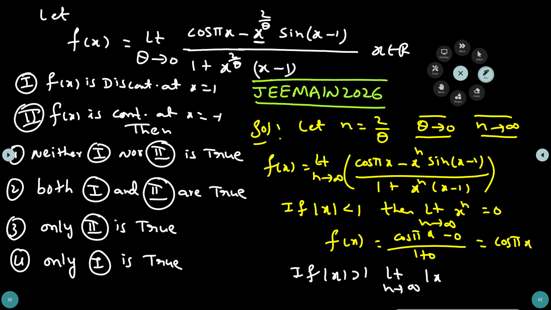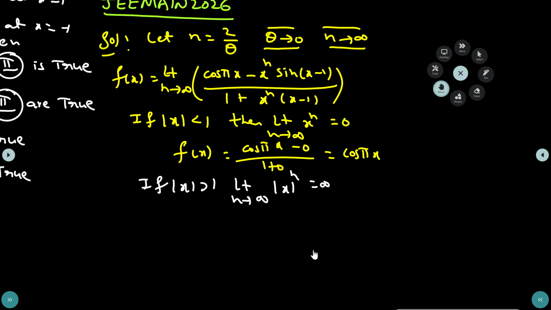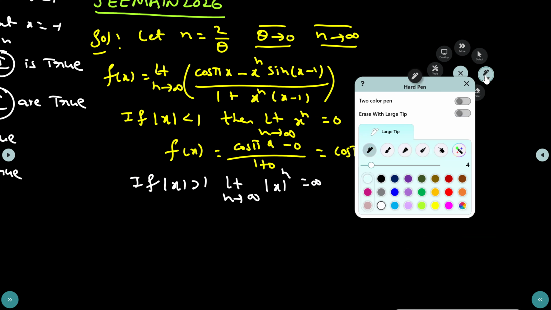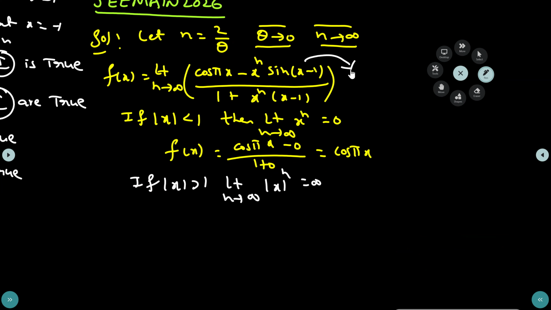This mod x power n is infinity. So in this case, take x power n common, or divide by x power n to each and every term within the limit.